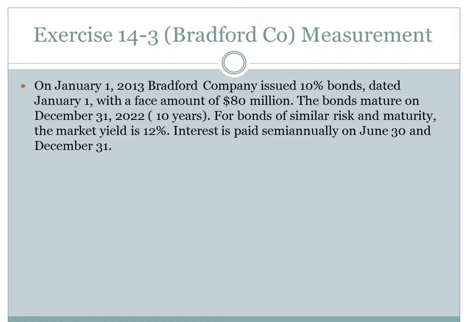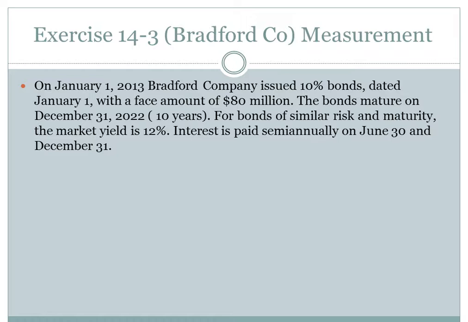The bonds are going to be issued so that the yield for investors is 12%, even though the company is only paying 10%. Right, so there are two things that we need to make sure that we get cleared up first as it relates to the measurement issue.